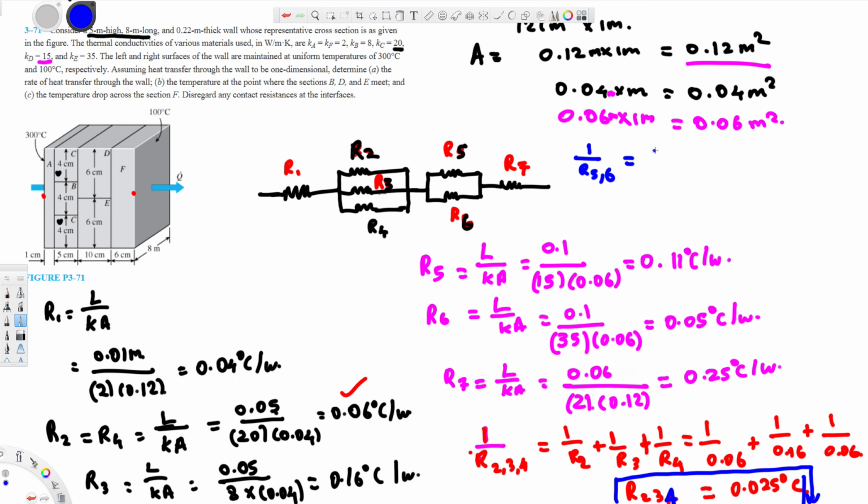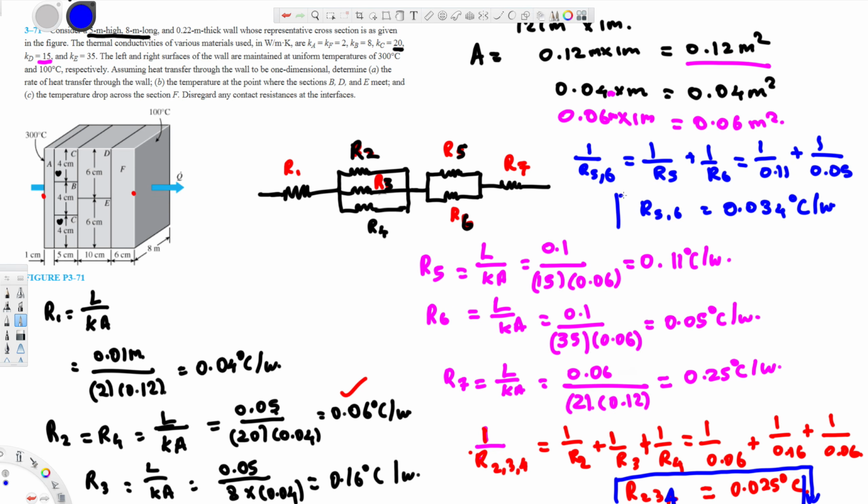That's going to be 1 over R5 plus 1 over R6. R5 is 0.11, so this is 1 over 0.11 plus R6 is 0.05, so 1 over 0.05. If you add them and calculate this value, that's going to give you 0.034 degrees Celsius per watts.